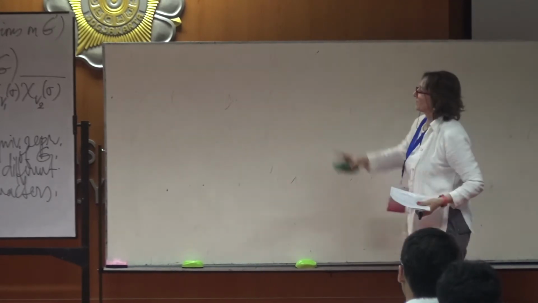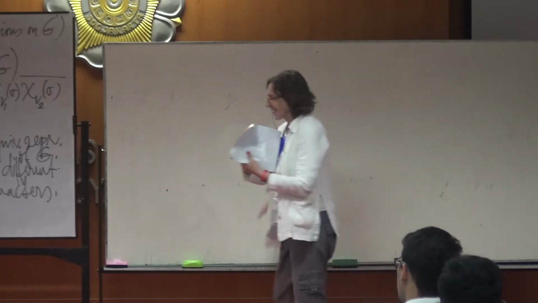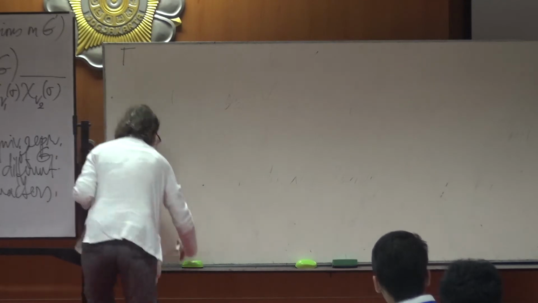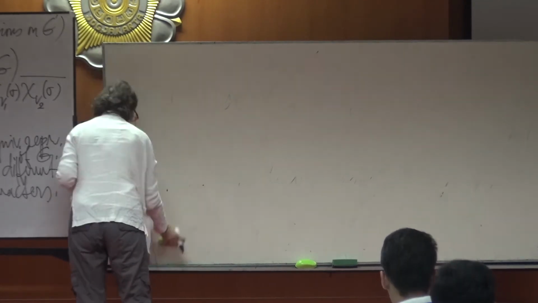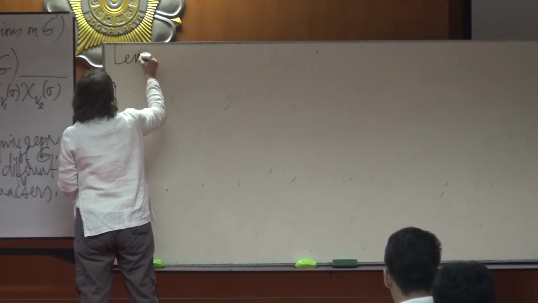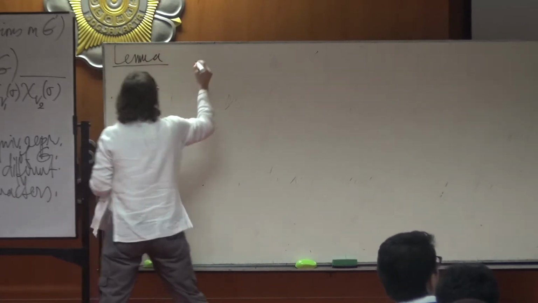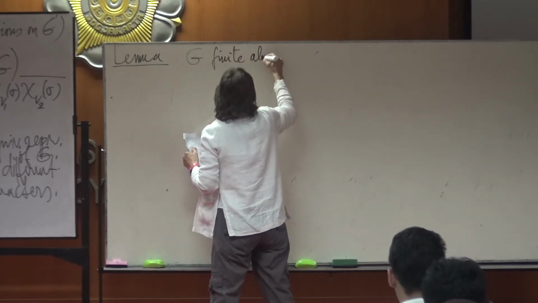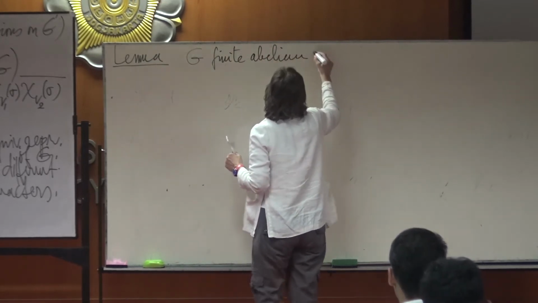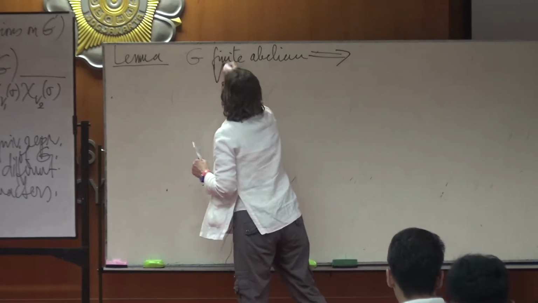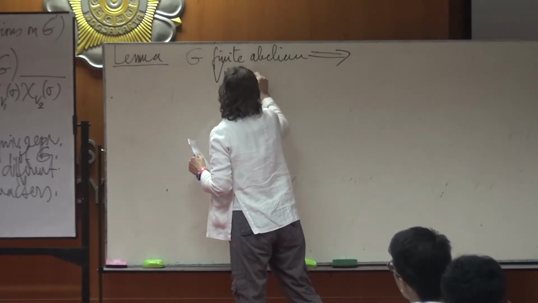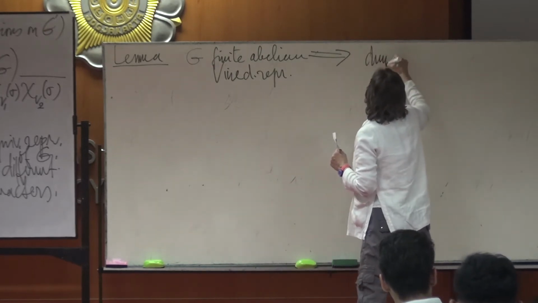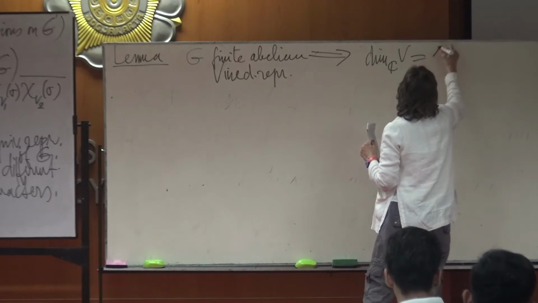Okay, so suppose now we do the following lemma, or fact, whatever. Lemma: if G is finite abelian and V is an irreducible representation, then the dimension of V is 1.